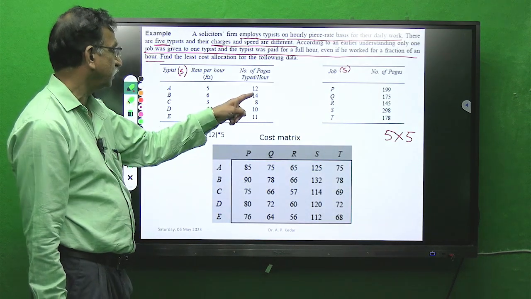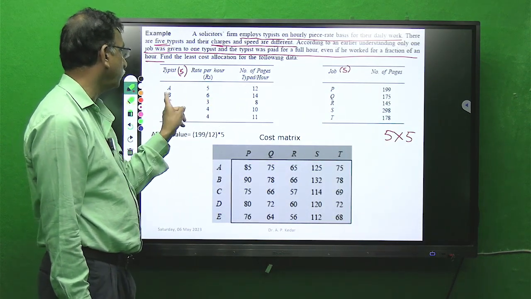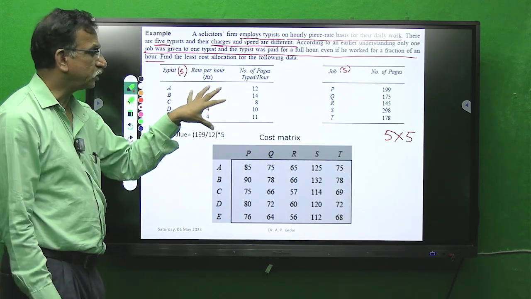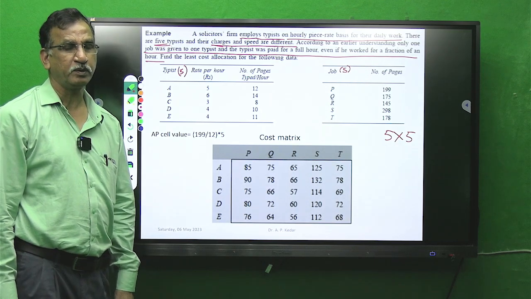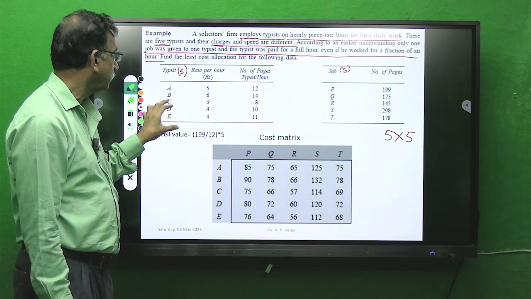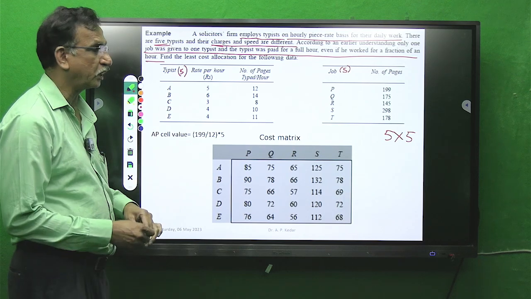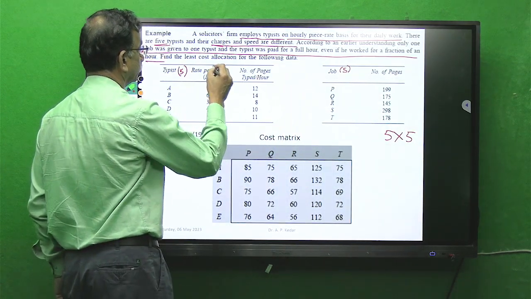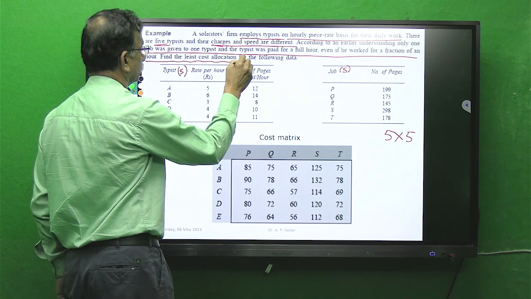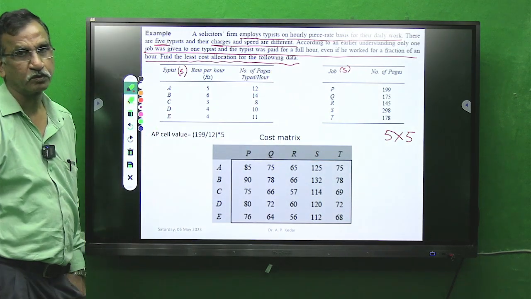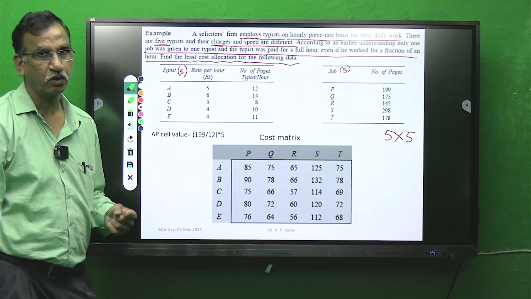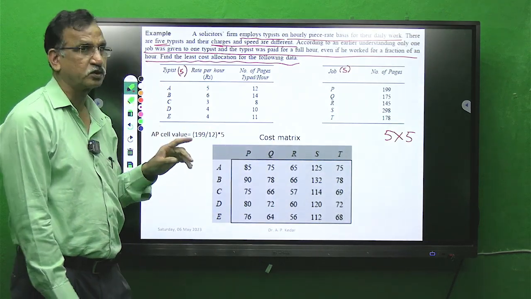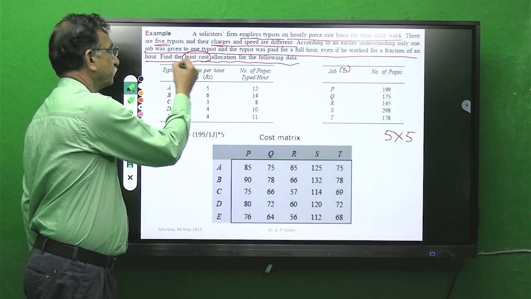If you look here, the speed of typing is much more for B and very less for C. So looking at all these aspects, the problem demands that we assign these 5 typists to these 5 jobs in such a way that the cost of doing this particular task of typing these jobs through these typists is least, that is minimum.